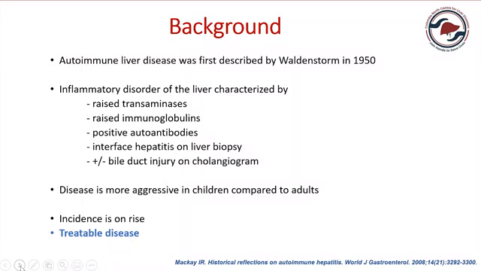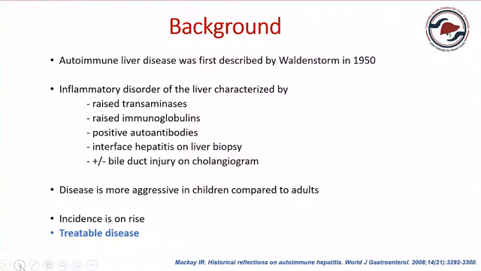So, given key features as the background, this is an inflammatory disorder of the liver characterized by raised transaminases. As you all know, you have to have an abnormal liver profile, raised immunoglobulins, positive autoantibodies, interface hepatitis on liver biopsy, with or without bile duct injury on cholangiogram.